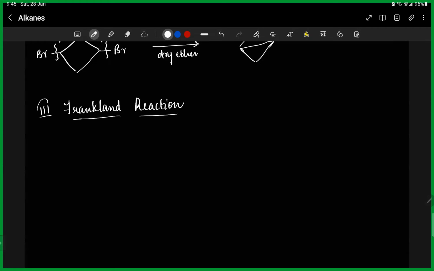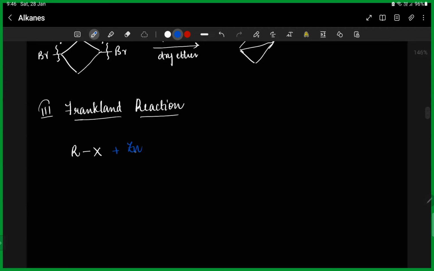Okay. So we are going to use alkyl halide here also. Okay. And then here the reagent is important. So you are adding zinc. Okay. In presence of ether. Zinc in presence of ether.